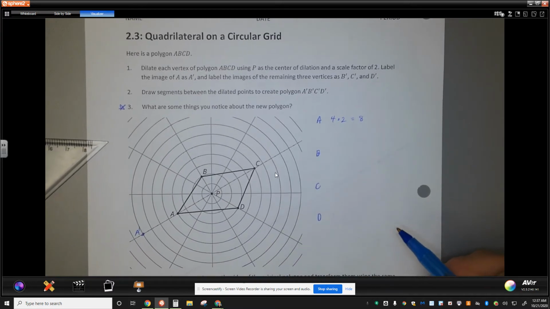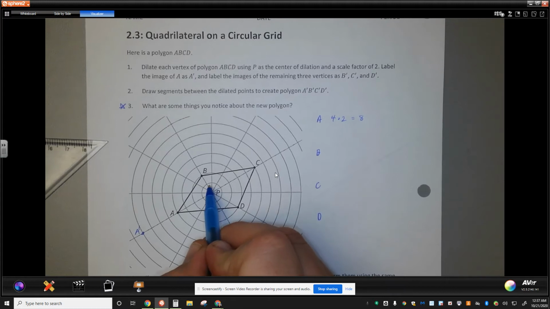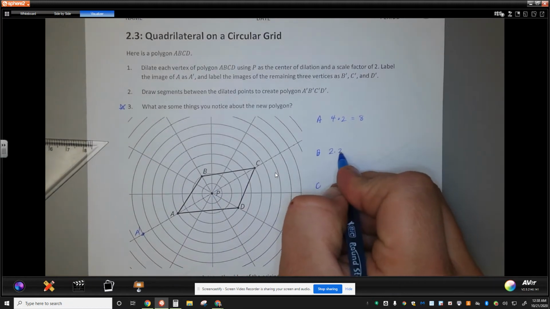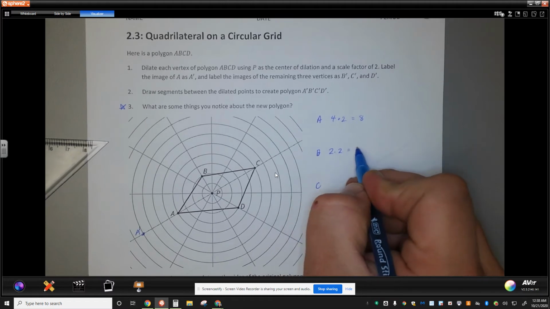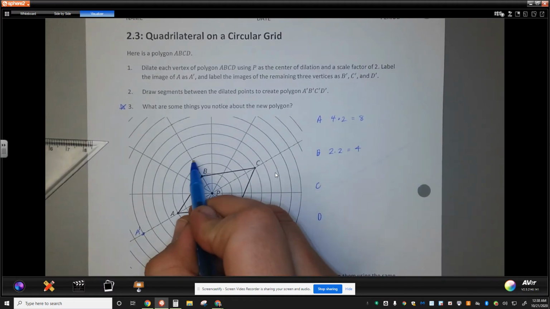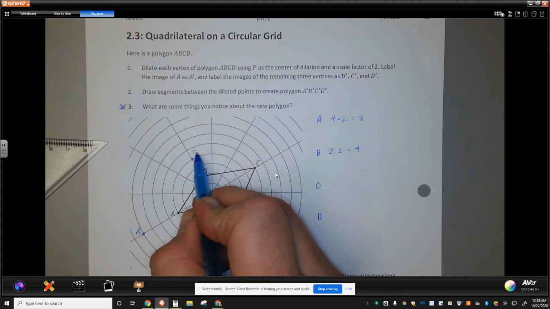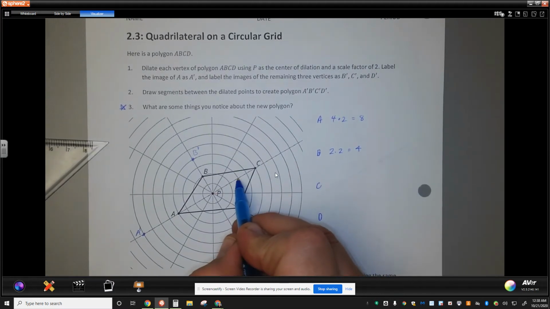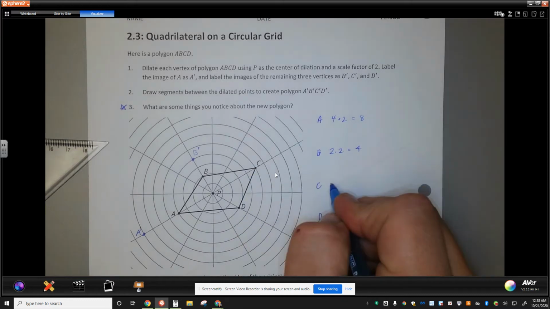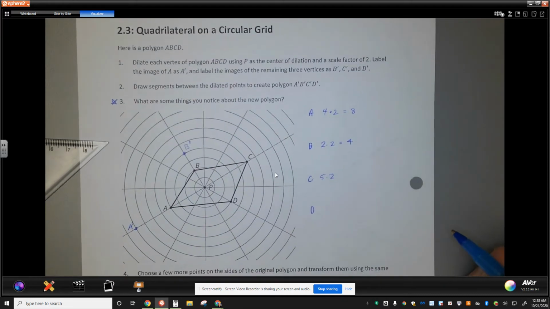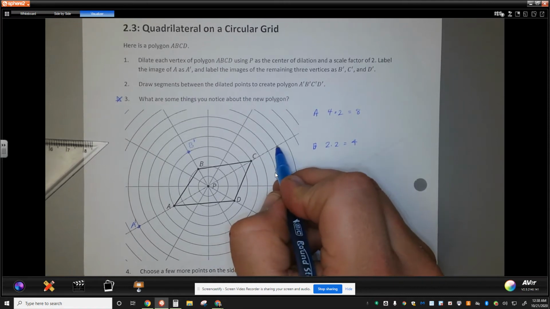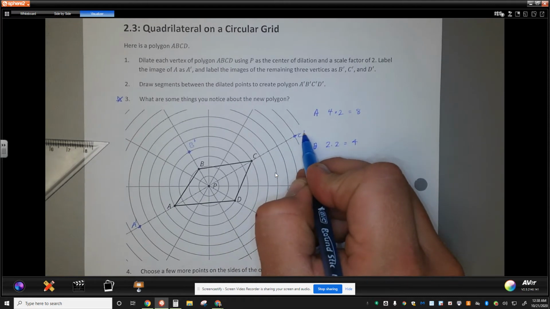We'll do the same thing for B, C, and D. So right now B is 2 units away from the center of dilation, meaning that with our scale factor of 2, we'll take that out to 4 units away. Here's B prime. We'll do the same thing for C, which is 1, 2, 3, 4, 5. Twice the distance, or scale factor of 2, is going to give us a distance of 10, 6, 7, 8, 9, 10 for C prime.